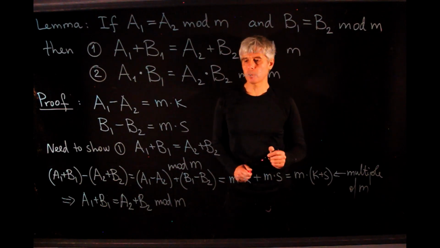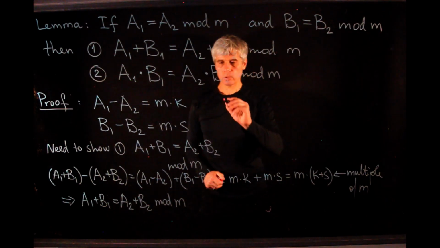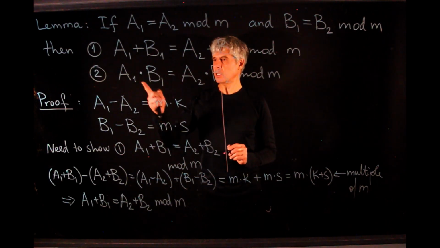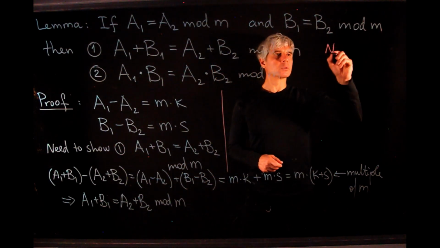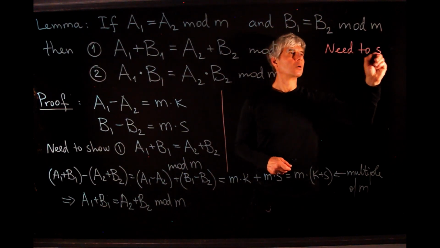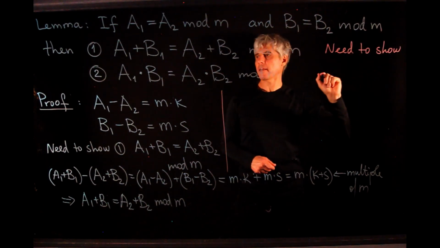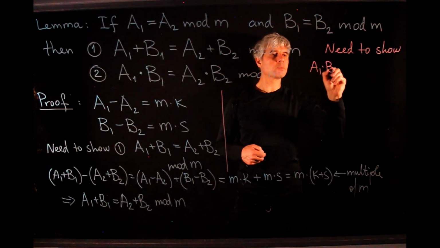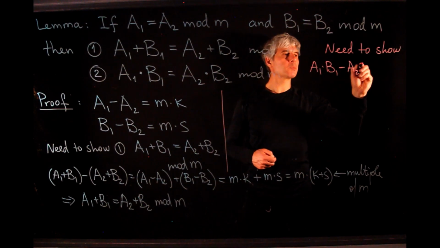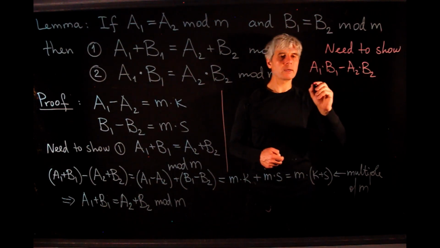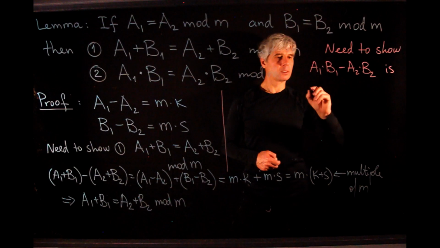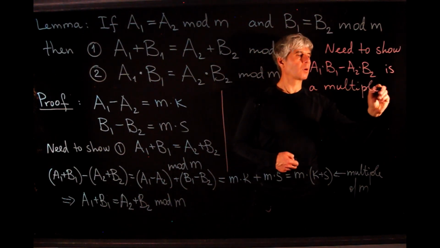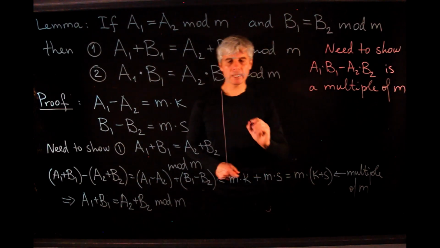Next, let us do a computation for part 2. So in this case, we need to operate with products. So what we need to show is that the difference between A1 times B1 and A2 times B2 is a multiple of M. So let's take this difference.